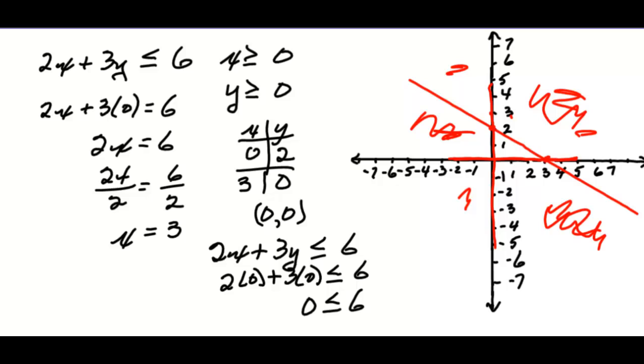But now what we want to know is what combination fits. We know that everything is going to be north of the x-axis, above the x-axis, and to the right of the y-axis. But it also has to be between the 0, 0 point and our equation 2x plus 3y is less than or equal to 6. That means the only place where everything fits is just this small area down here.